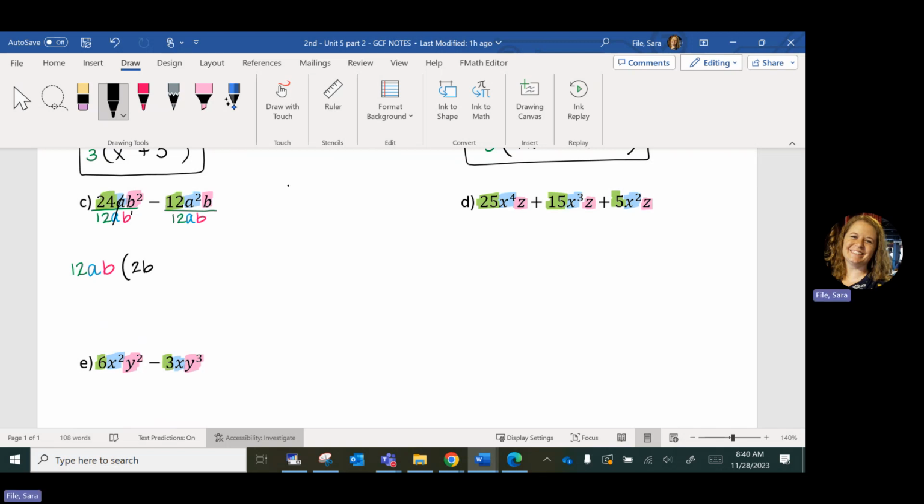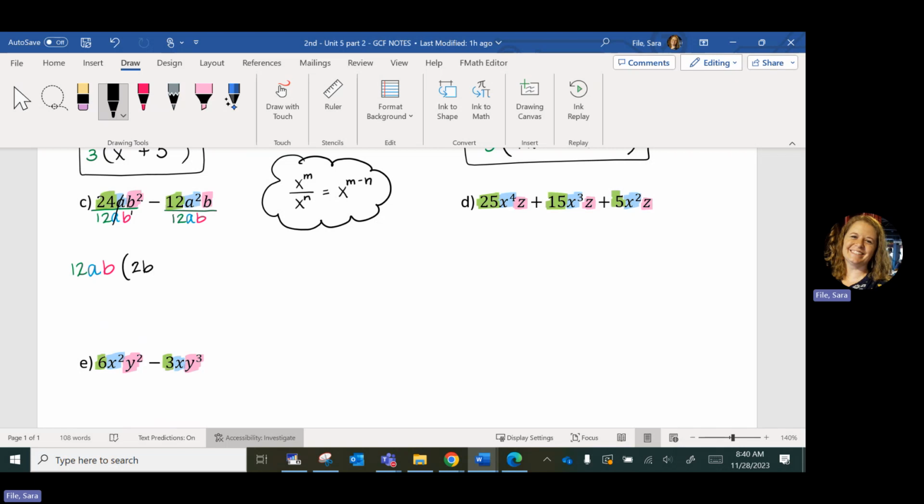Okay, another way to think of this, if you are confused, remember, this is the rule. If you need to rewrite that rule, whatever that power on top is and that power on bottom, you're subtracting whatever that is. If you don't remember this rule, you can always write out all of the b's.